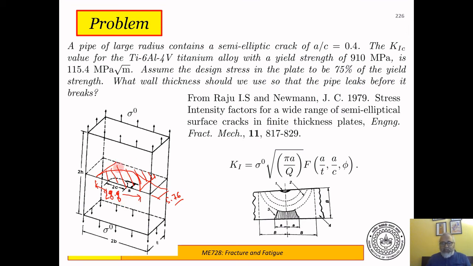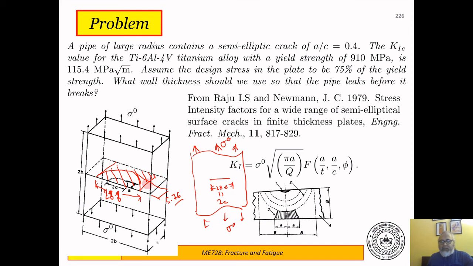And this through crack is now a Griffith problem. So this through crack would look exactly like this. This is 28.8 equal to 2c, and you have the design load pulling it.